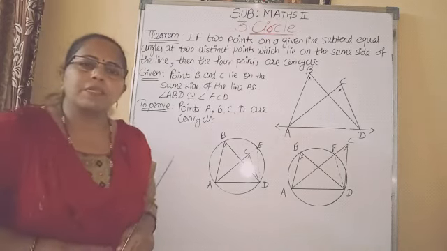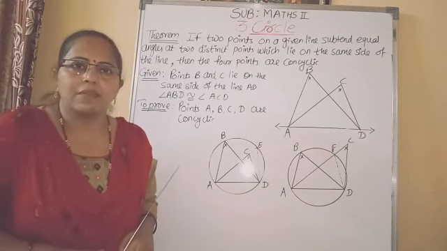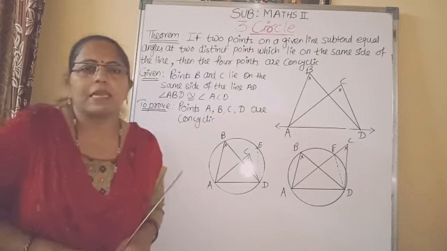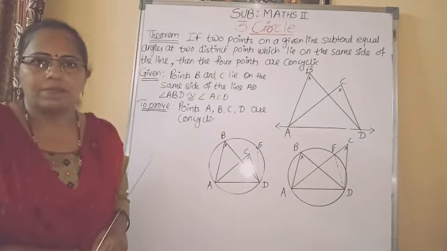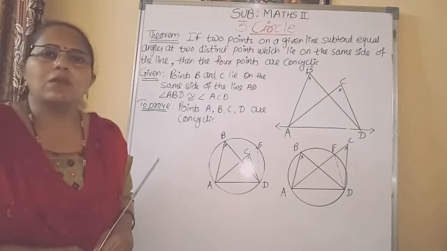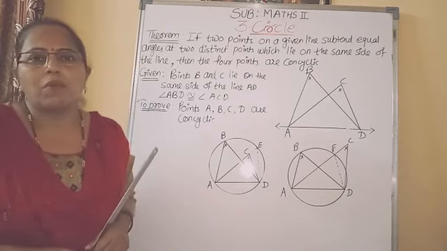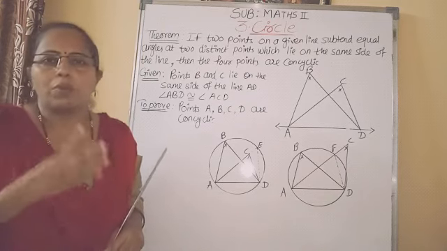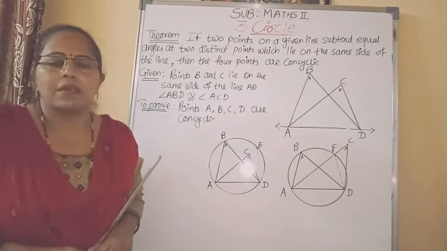The statement of the theorem is, if the opposite angles of a quadrilateral are supplementary, then the quadrilateral is a cyclic quadrilateral. That means all four vertices of the quadrilateral are concyclic. Now we have one more condition for four non-collinear points to be concyclic.